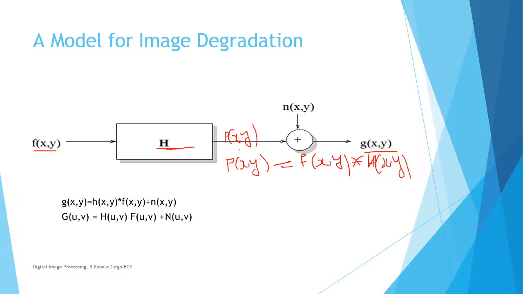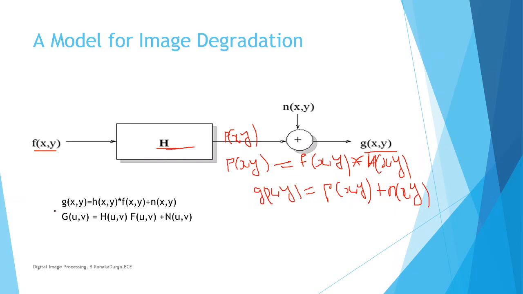So after getting p of x comma y, g of x comma y is equal to p of x comma y plus n of x comma y, where p of x comma y is nothing but f of x comma y convolved with h of x comma y.